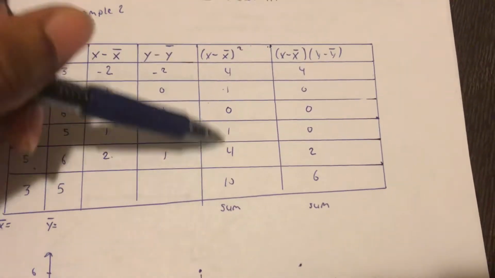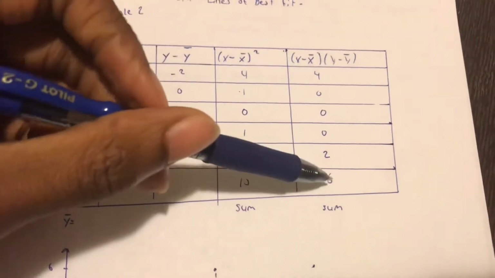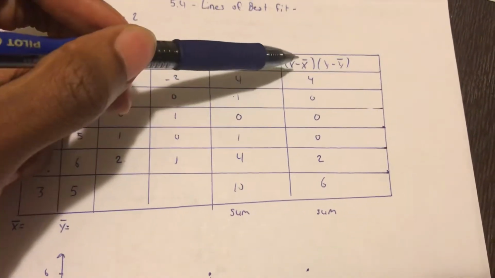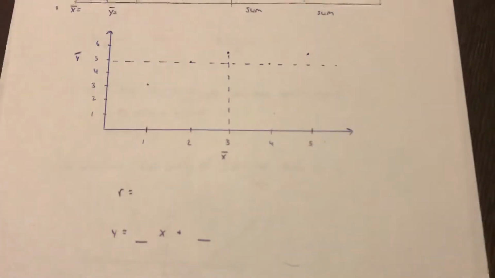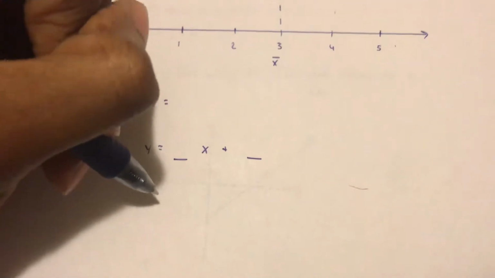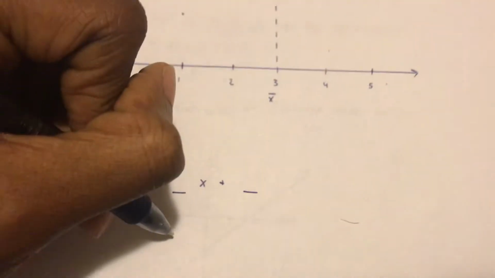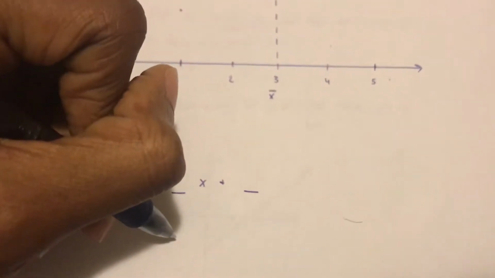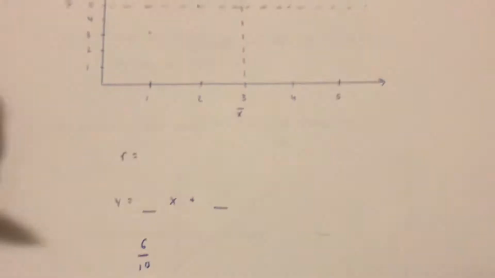So we have 10 for x's, for x squareds I should say, and then 6 for the sum of our x's and our y's. And essentially what we're doing here, I'll write this out for you, is we're getting an average m, or our average slope, which is 6 over 10.